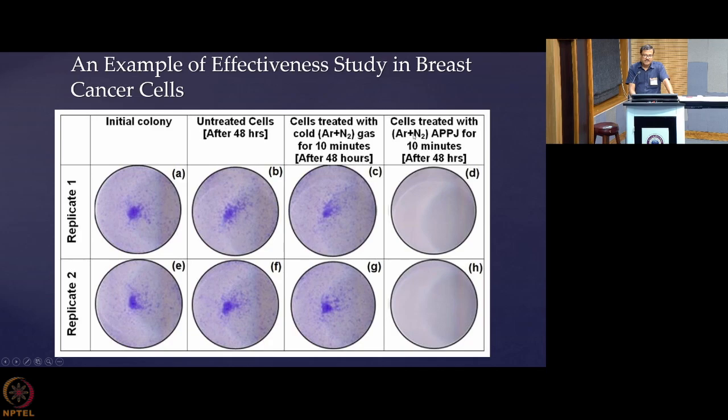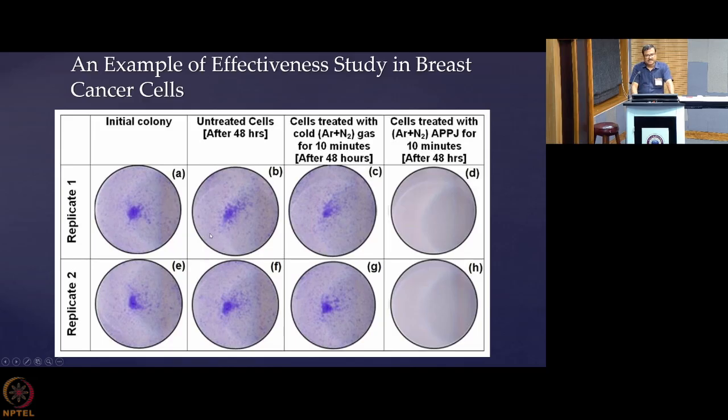But when you treat them with the argon nitrogen APPJ, that cold atmospheric pressure plasma jet, for 10 minutes, you see that all the cells have been killed. So this is the amazing effect of cold plasma discharge on cancer cell lines.